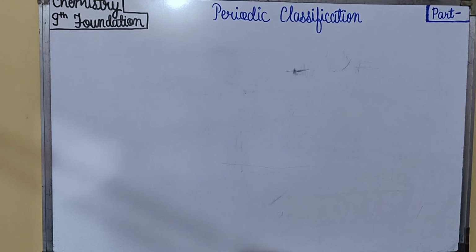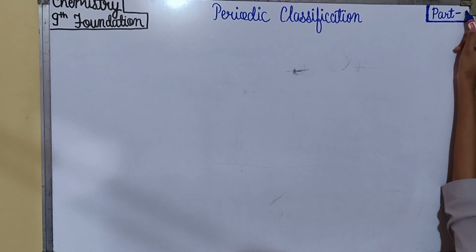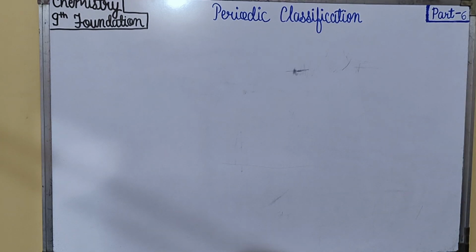Today we are going to learn class 9th chemistry chapter periodic classification, part 6. In this part we will start with the description of Mendeleev's periodic table.